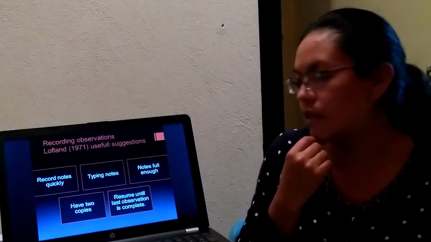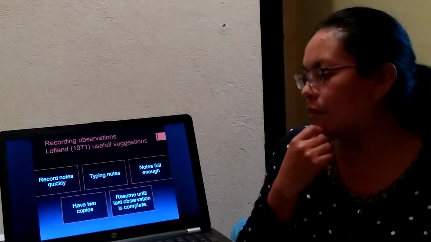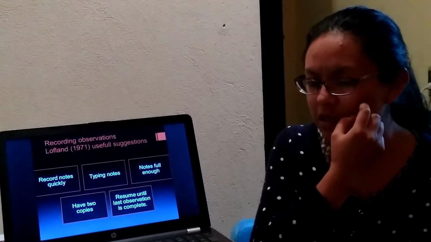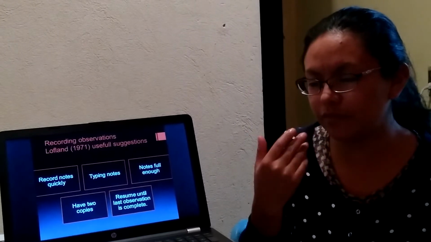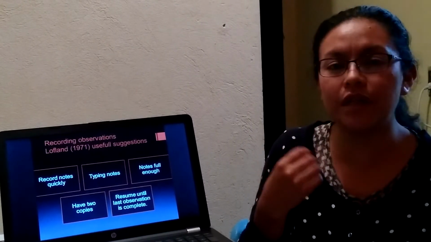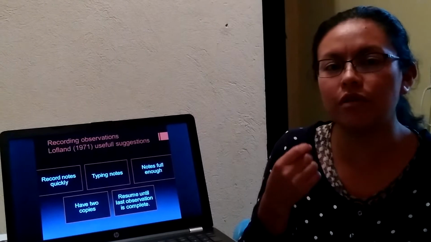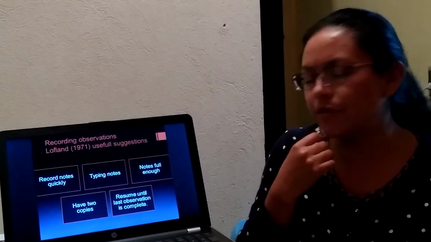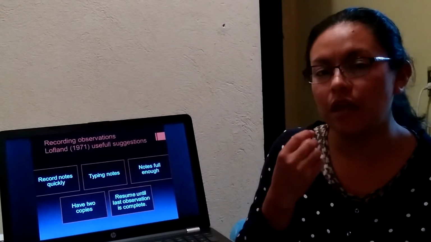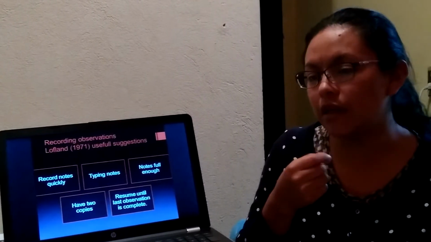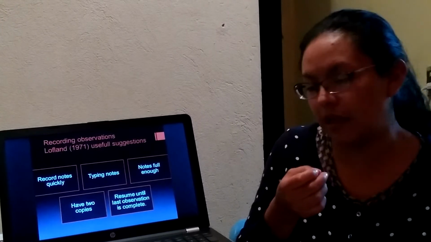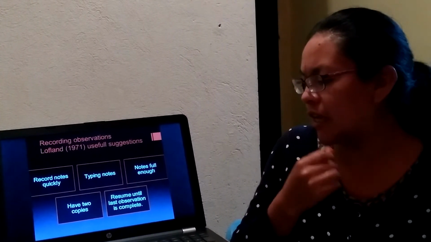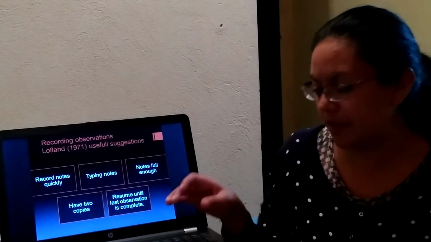It's easier to understand them. We have to have notes full enough. It means that when we are going to read them a month or a year later, we can understand them. We have to have two copies, the original one and another that we are modifying. And we have to resume until the last observation is complete.